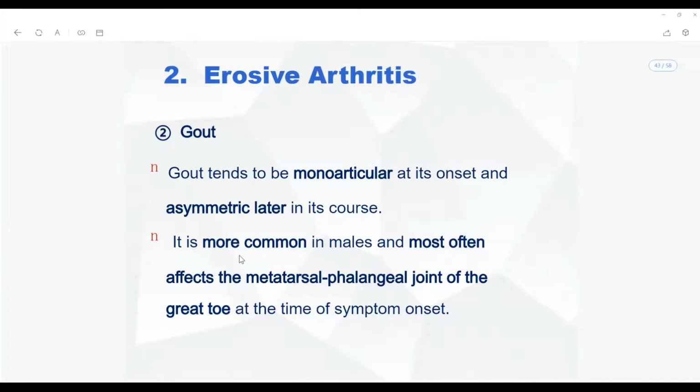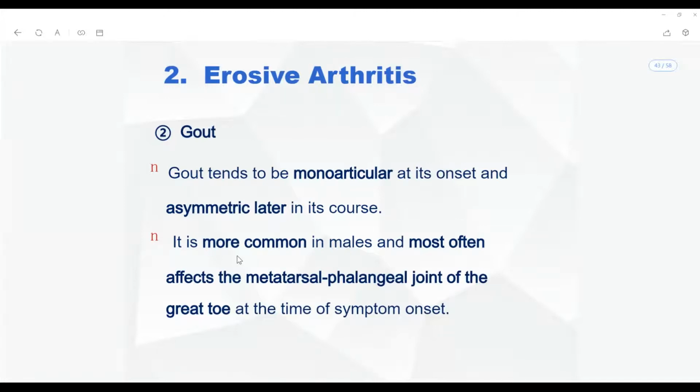It is more common in males and often affects the metatarsophalangeal joint of the great toe at the timing of symptom onset. Remember, a characteristic feature of gout is that it affects the metatarsophalangeal joint of the first toe, where there will be an extra growth formation like thing.